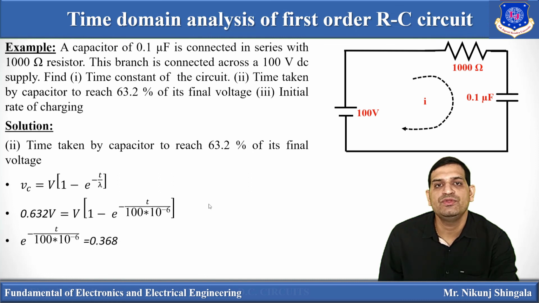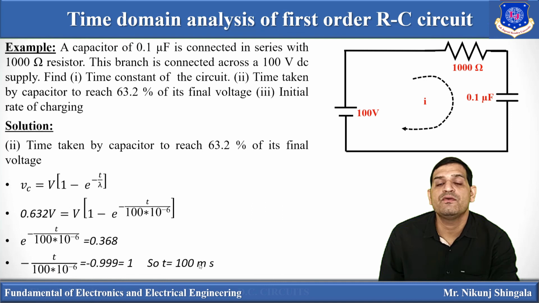So e to the power minus t divided by 100 into 10 raised to minus 6 is equal to 0.368. If we solve this, we are getting t is equal to 100 milliseconds. So after 100 milliseconds, capacitor voltage reached 63.2% of its final voltage. So final voltage is 100 volts, so capacitor voltage will be 63.2 volt after 100 milliseconds.